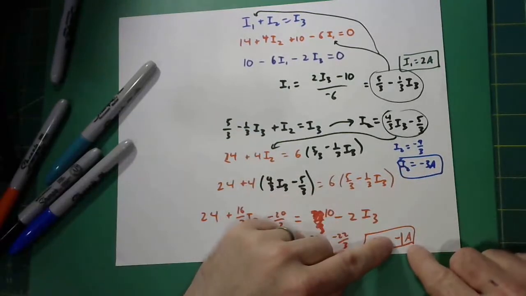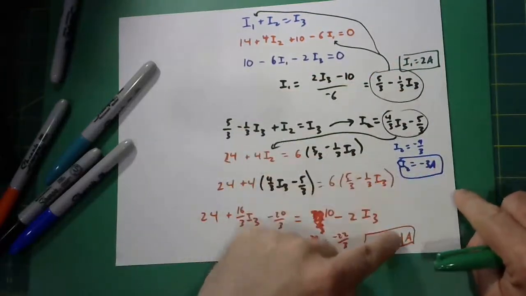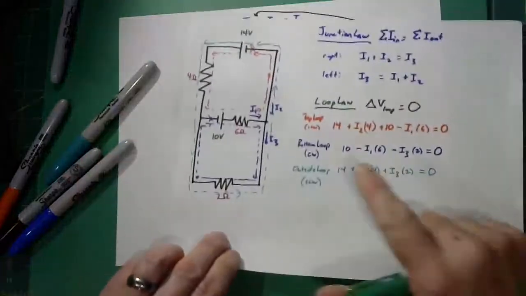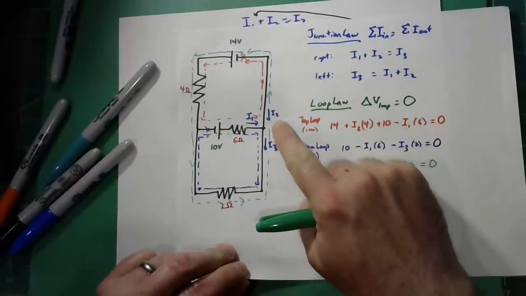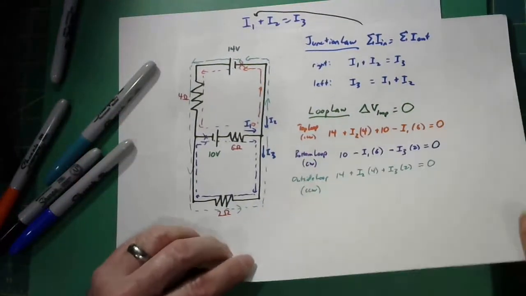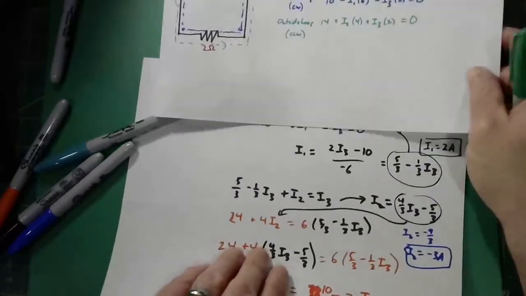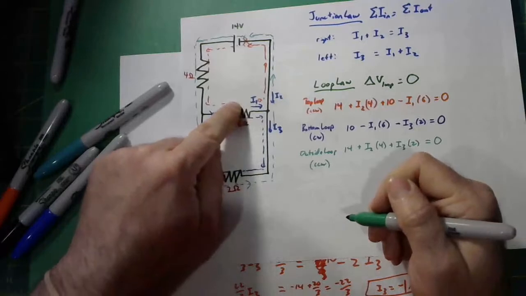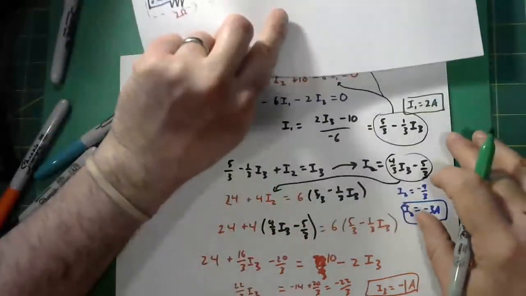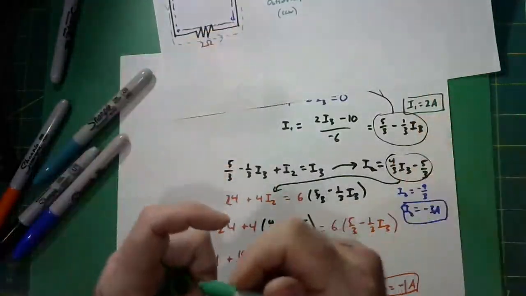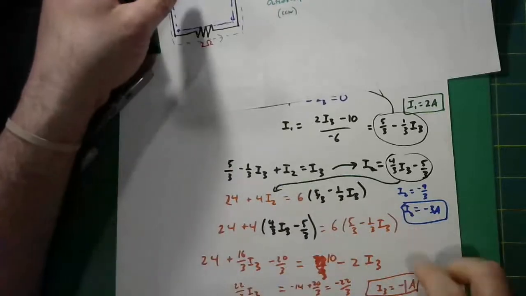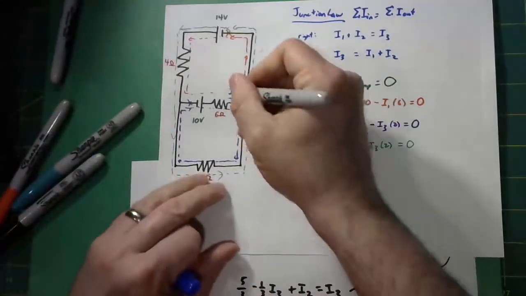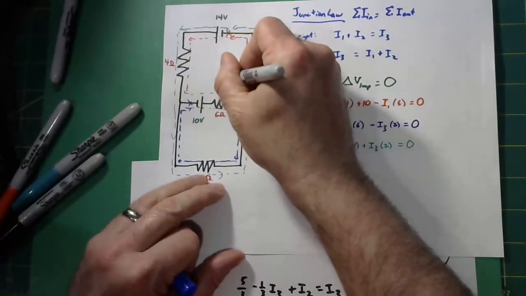These are the correct magnitude currents. The negatives mean that when we assigned directions back at the start, we got them backwards. So what's really happening here? I1 is 2 amps, flowing to the right because we got a positive 2. So we've got 2 amps flowing to the right here.